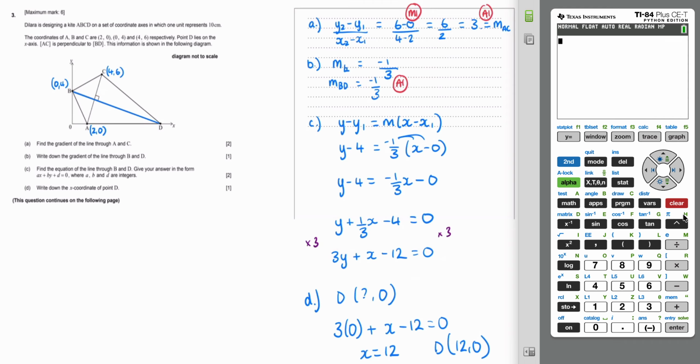One of the marks is given for correctly substituting into the point slope formula, and the second mark is if you then manage to rearrange it into the correct form at the end. And for part D, it's just 1 mark, and that is for finding the 12. You can either write it as an equation, x equals 12, or as a value, or you can write it as the full coordinate point.